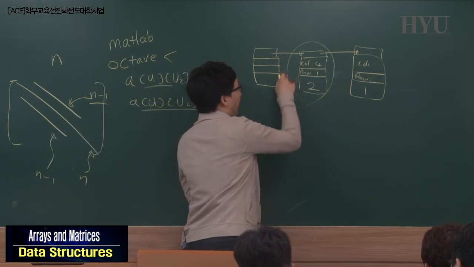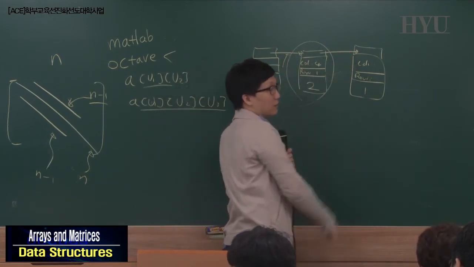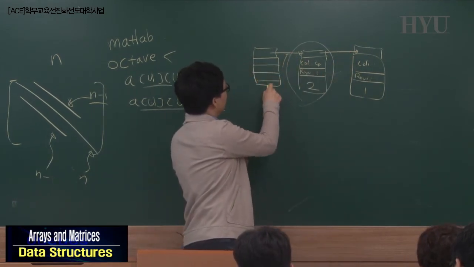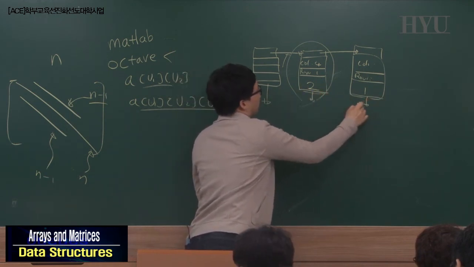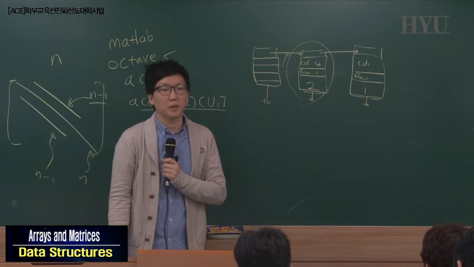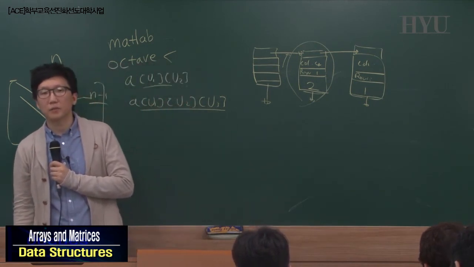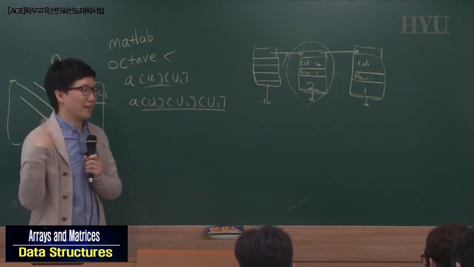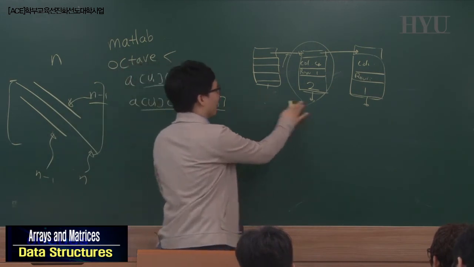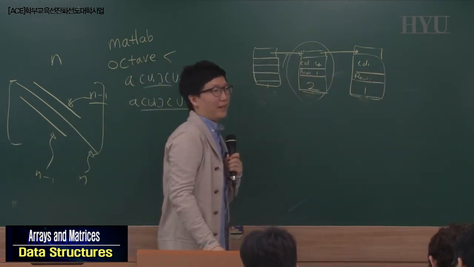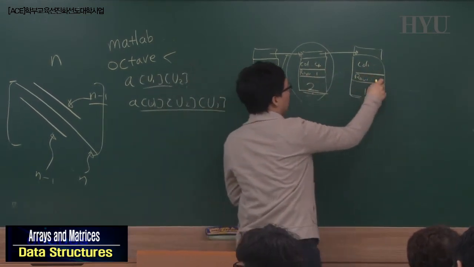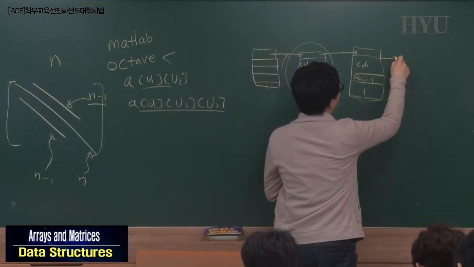Create a new node, add into a new position this way. This might need another pointer here as well, if you wish. Any type of design is fine. If I do that, I probably don't do all this. I just simply do it one way. And I keep changing the row. This is the end of row 1.